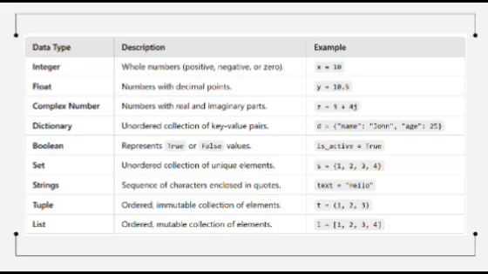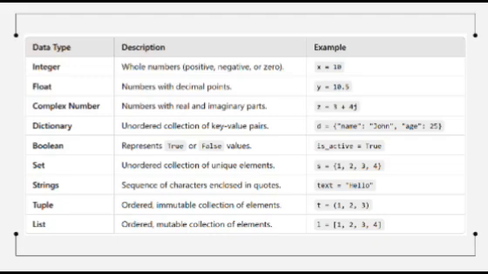Dictionary: unordered collection of key value pairs. So there is no order here, so it is called a dictionary. Key value pairs, for example name John and age 25. It is unordered.